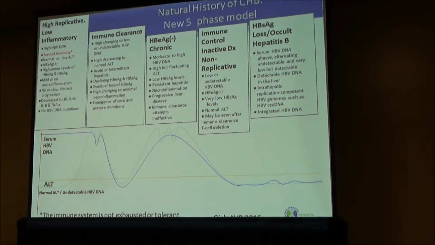But the simple take-home message from this slide is you need to know the ALT and DNA on every patient, and then by just combining the DNA and ALT and their age, duration of disease, and then you're going to put one more test on top of that, that's called the E antigen, you can figure out where they are in this disease state.